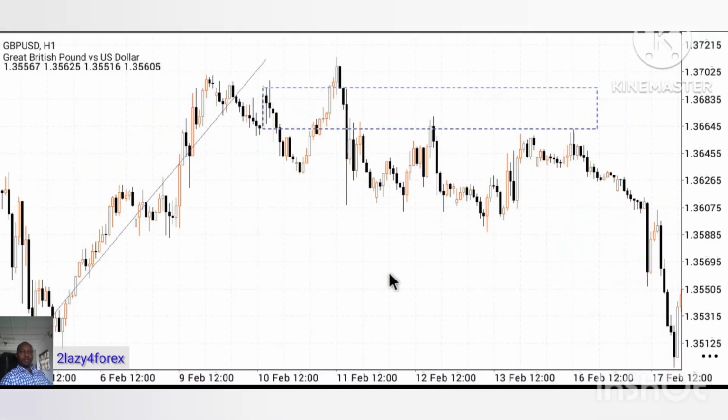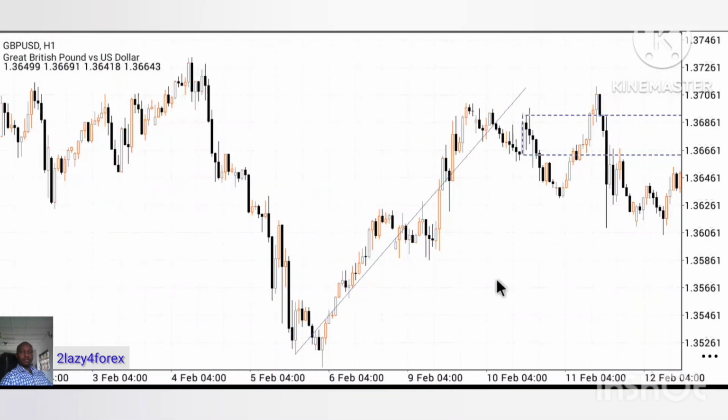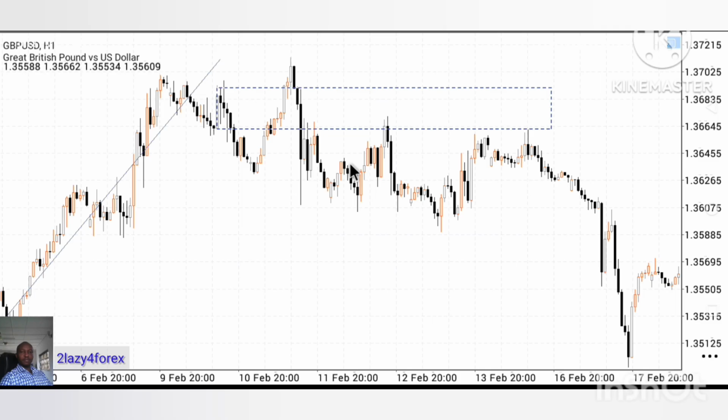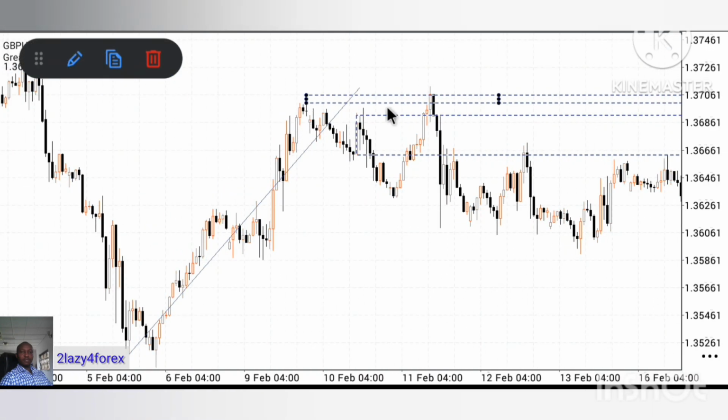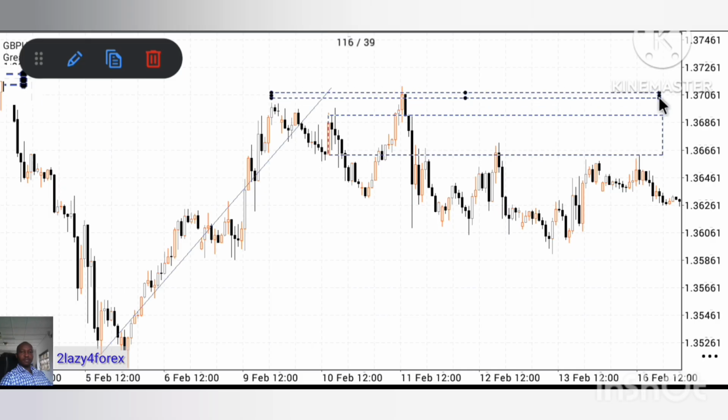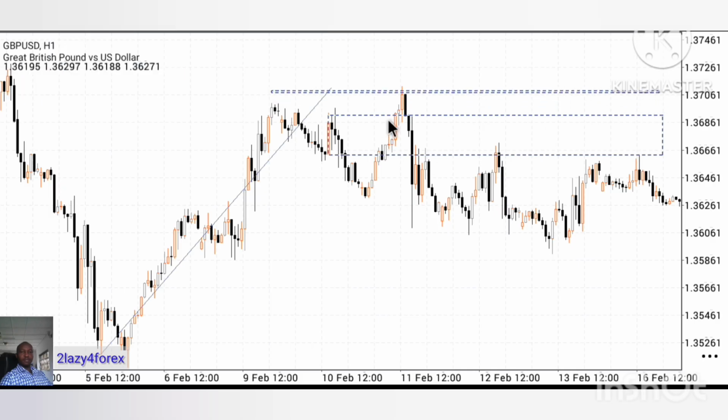Okay, so now let's look at the stop loss. My stop, like I always say, will be maybe a pip or two above this high. So definitely I would have been taken out too.